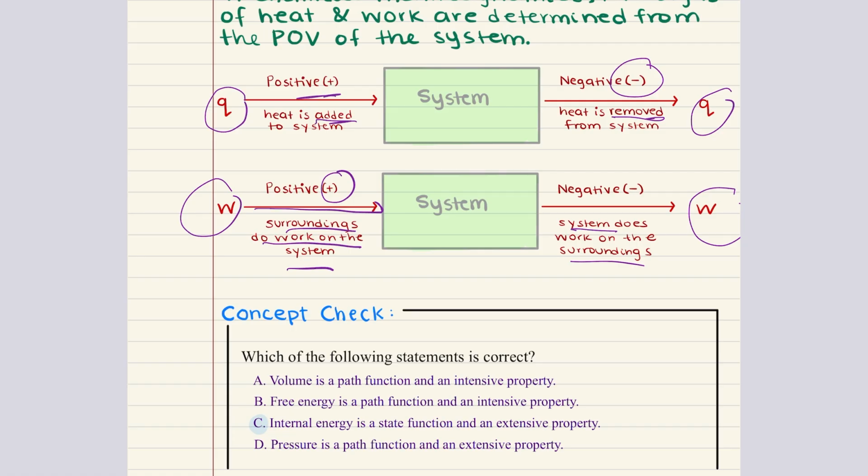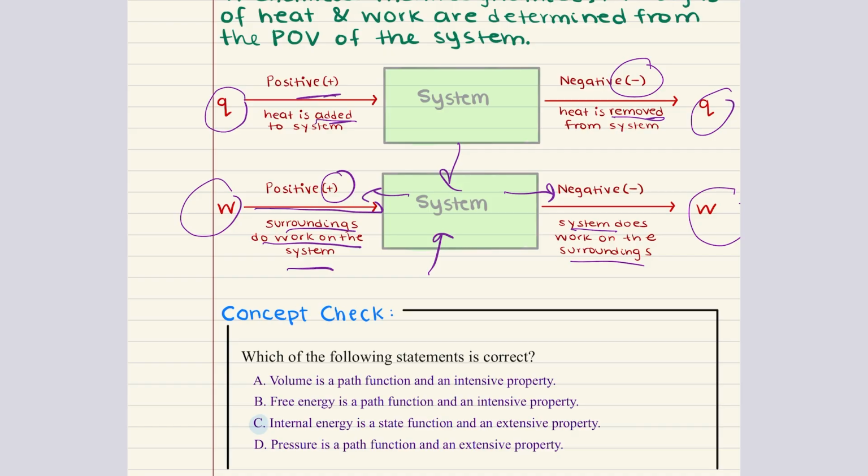So for example, if a gas expands, then it pushes against a piston, it's going to be doing work on the surroundings. So w is negative. But if we compress the gas, then you're doing work on it, so w is positive.